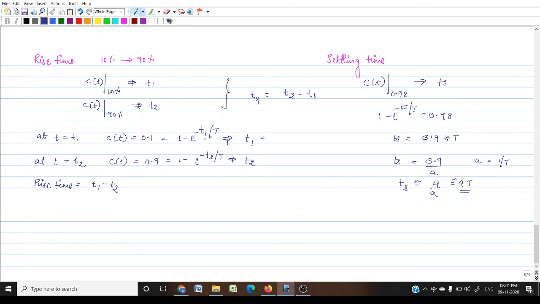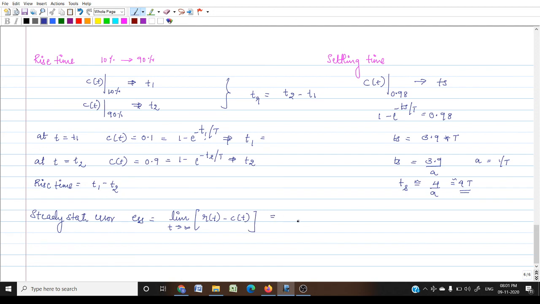Okay. So the next one we have is the steady state error. That is nothing but ESS is equal to limit t tends to infinity of r of t minus c of t.